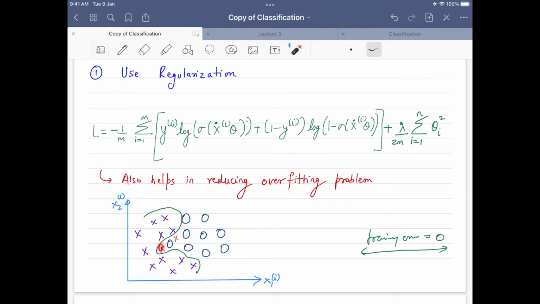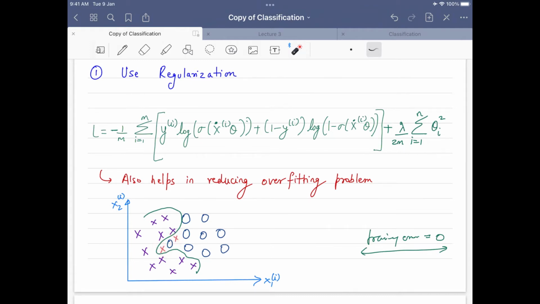So your x's are in the same vicinity of the x's which are already there in purple. We are not saying that your testing samples of x are here or here. What we are saying is your x's are close to the original purple x's. We are not saying that your x's are too far from the normal distribution, but that they are close to the original distribution.